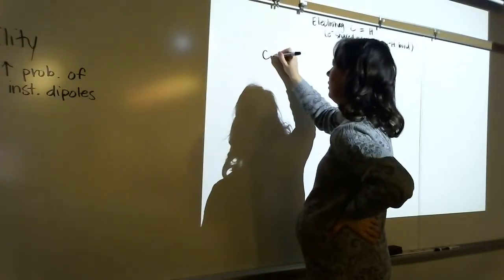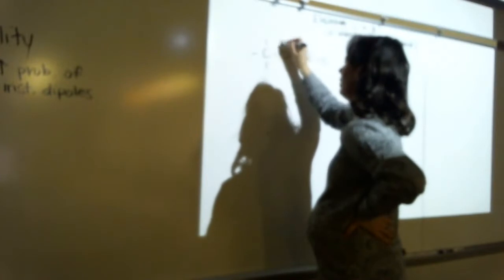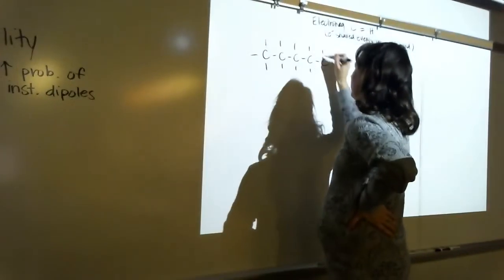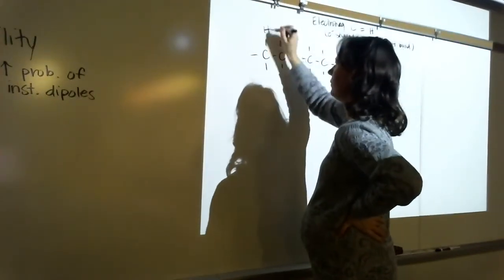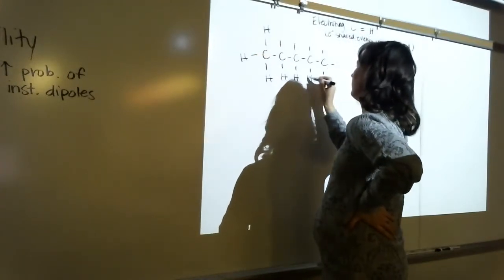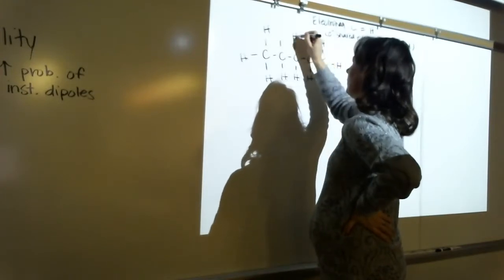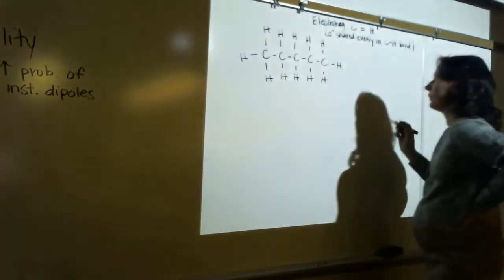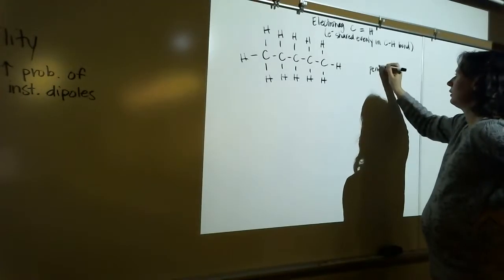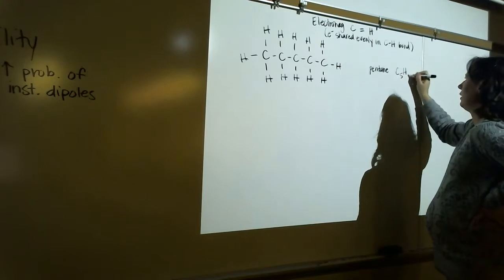So let's just start with a linear molecule. Let's just pick a 5-carbon chain. That's a 5-carbon chain. That's pentane, C5H12.